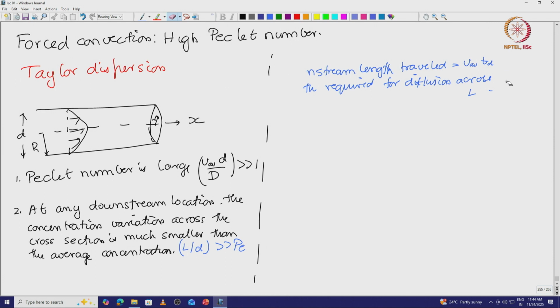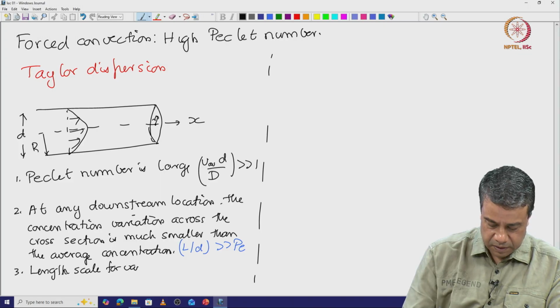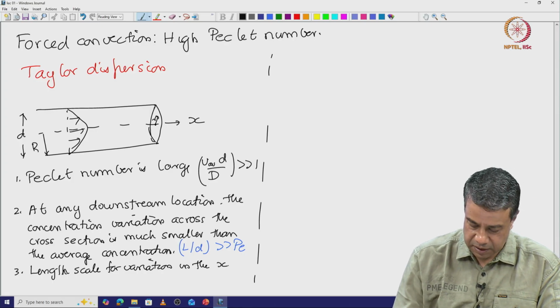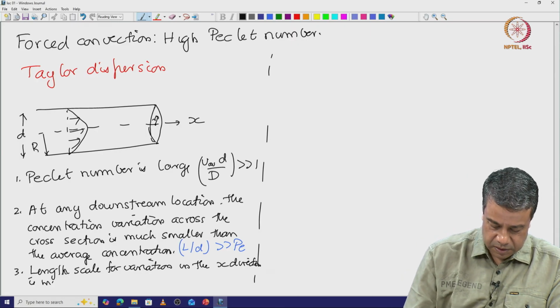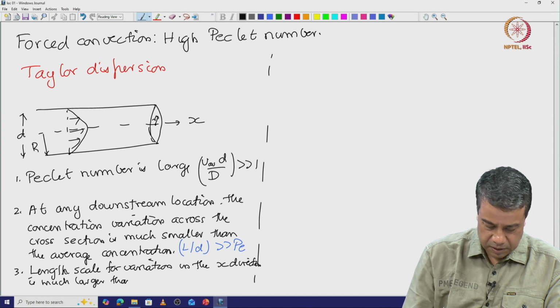The other assumption that is made over here is that the length scale for variation in the axial direction, the x direction, is much larger than the diameter.